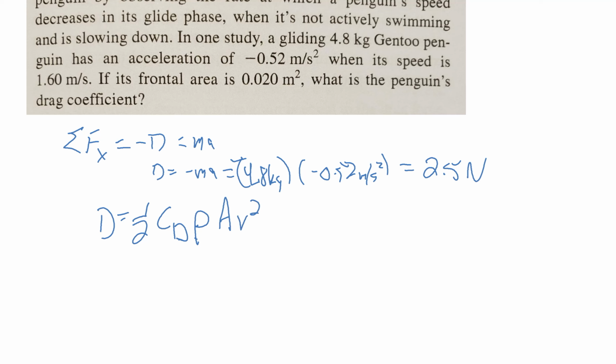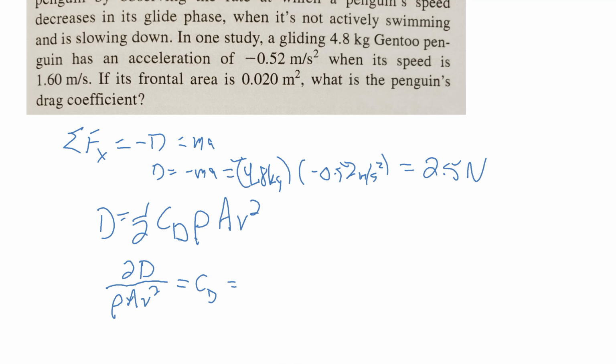Now what is it we're looking for? The coefficient of drag. So I want to solve for C sub D. How will I do that? I'm going to multiply by 2 and then divide by everything else: rho, cross-section area, and V squared. And that's going to equal C sub D.